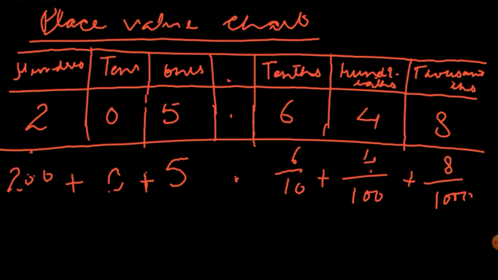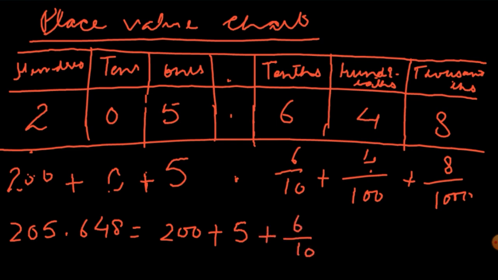So when we write it in expanded form, suppose this is 205.648. If we need to write this in expanded form, we can write 200 plus, there is no need to write 0 here, we can write 5 only, because 0 has no value here, plus this is 6 upon 10 plus 4 upon 100 and plus 8 upon 1000.